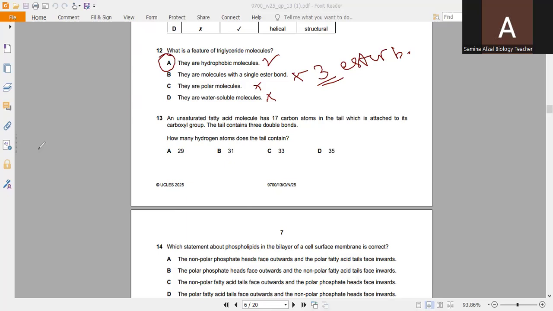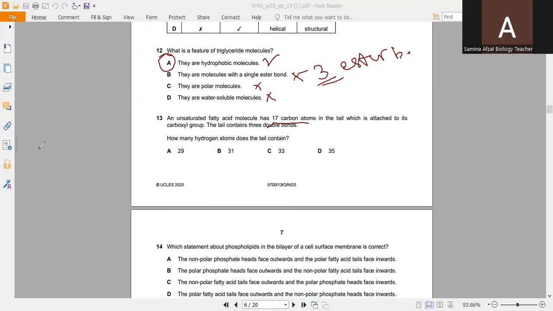An unsaturated fatty acid molecule has 17 carbon atoms in the tail, which is attached to the carboxyl group. The tail contains three double bonds. How many hydrogen atoms does the tail contain? So 17 carbon atoms are there. A fully saturated tail would have two hydrogen atoms per carbon.